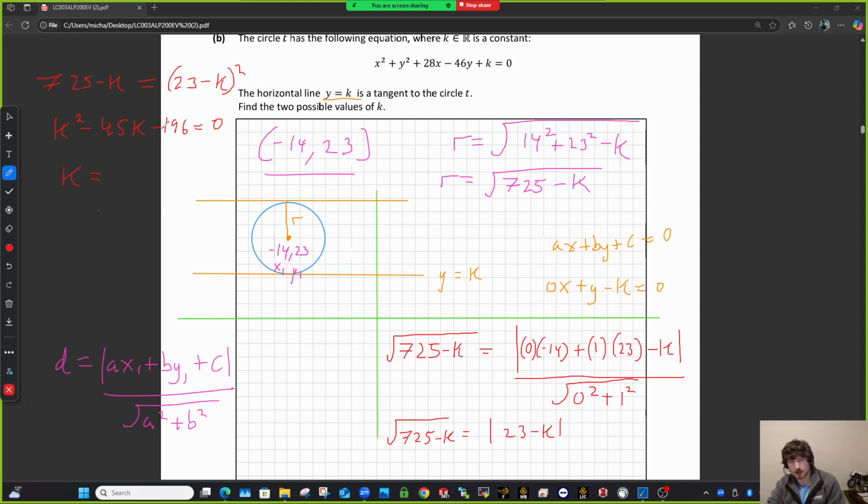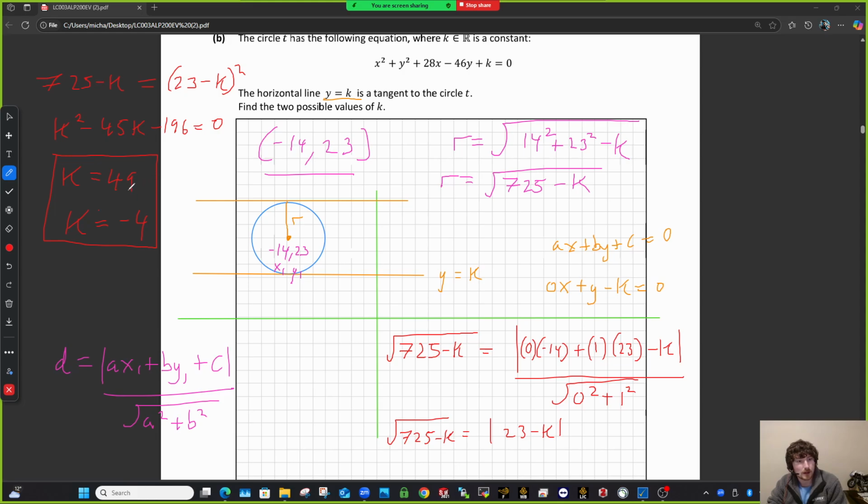You'd be wasting time trying to factorize that, as the numbers are fairly big. Just slap it into the minus b formula, and you get k to be 49 and k to be minus 4. Again, I'm pretty happy with those values. I checked things in Desmos, so things are good.